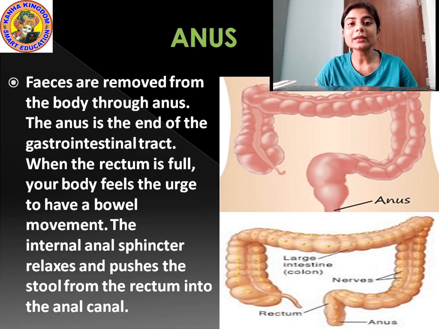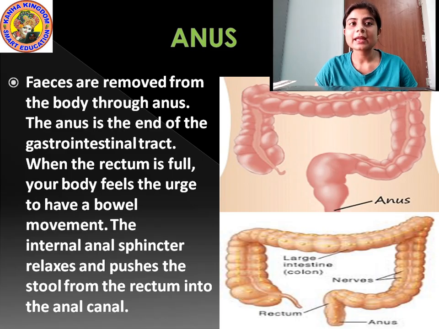When your body has no space to keep that undigested food, then our body feels the urge of the bowel movement. Bowel movement means you feel the urge to go to the toilet. And these feces, the undigested food, is excreted from our body in the form of stool from the anus.